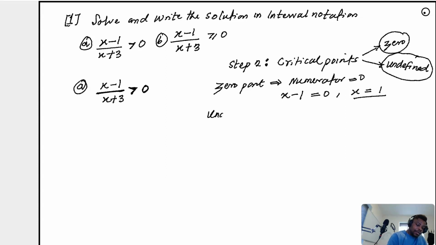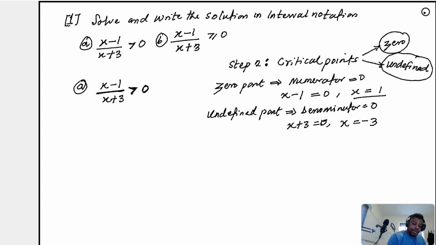Now, for the undefined part, the denominator must be equal to 0. And what's my denominator? X plus 3 is equal to 0, which simply means x is equal to minus 3.